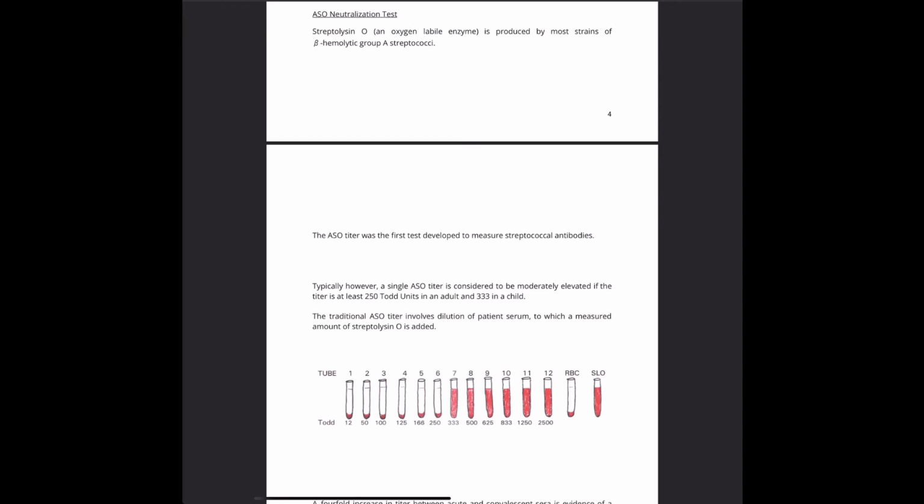Streptolysin O is produced by group A strep in pyoderma, but it is then bound by the cholesterol in the skin. So this is why the ASO titer is rarely positive, because no antibody forms.